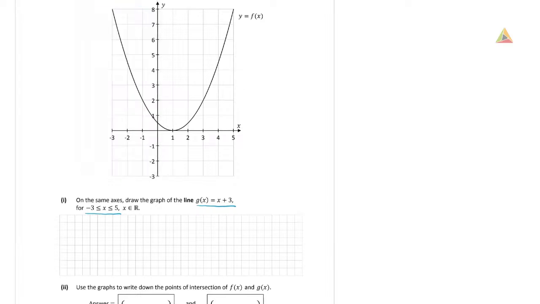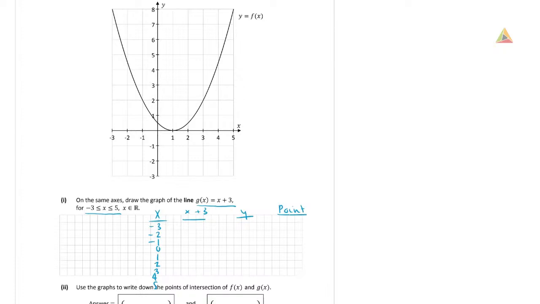So your x values are minus 3, minus 2, minus 1, 0, 1, 2, 3, 4, and 5. Your rule is x plus 3, and then you're going to get your corresponding y values, and you're going to get your points.